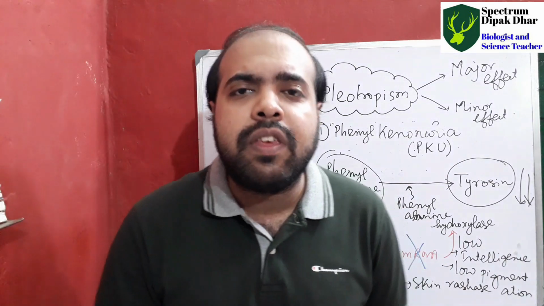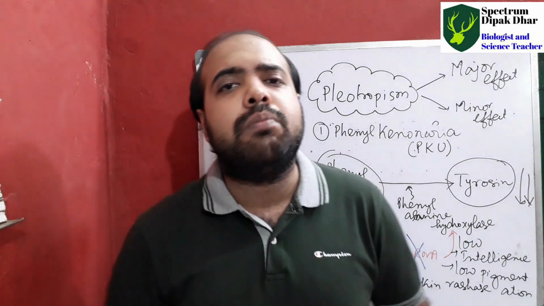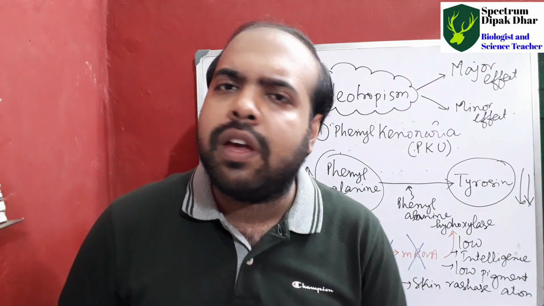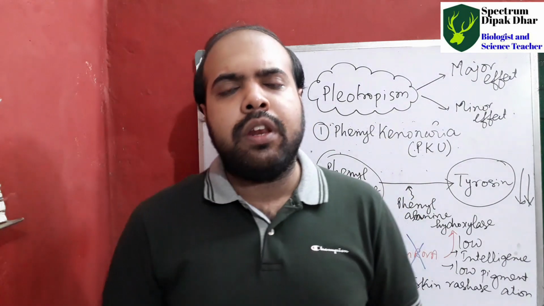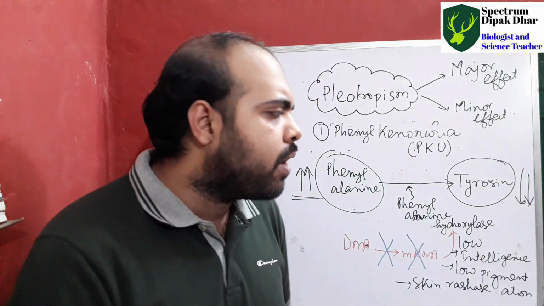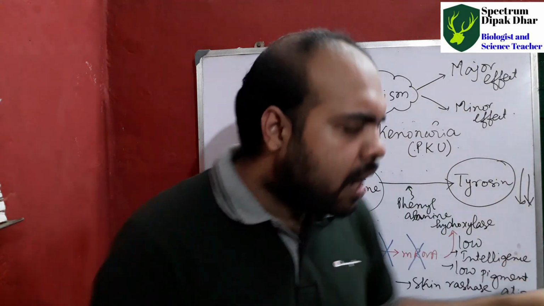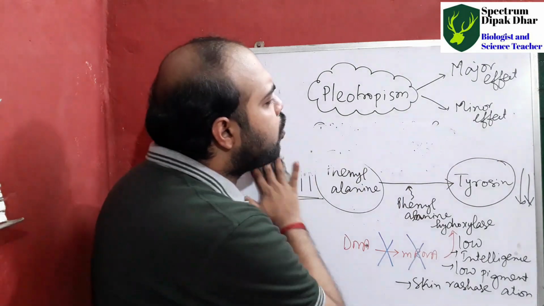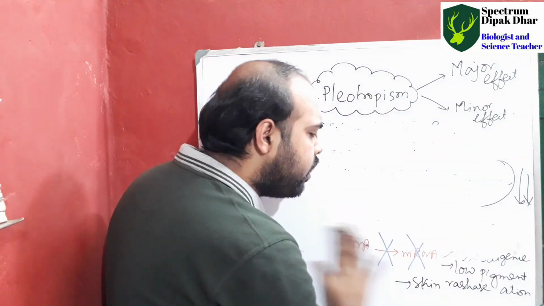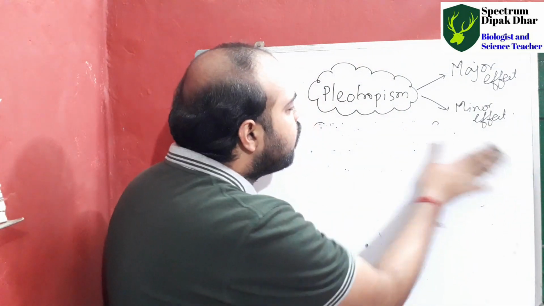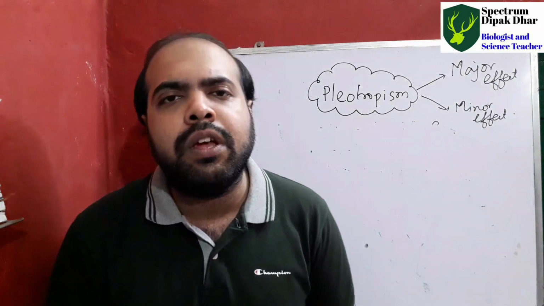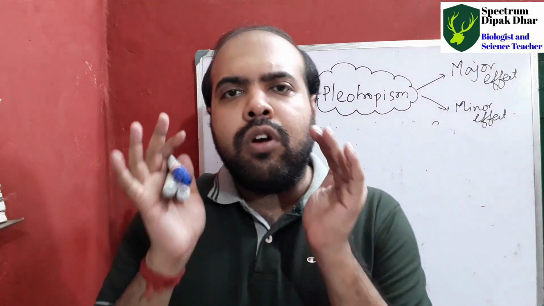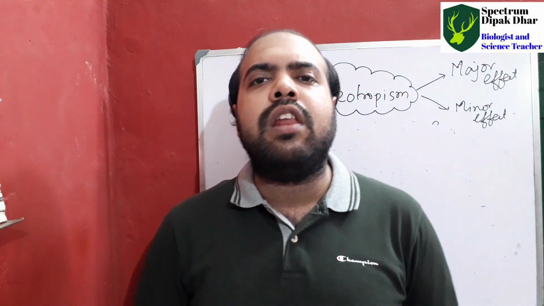So what is the basic genetic abnormality behind sickle cell anemia? We will see now. Normal human hemoglobin is termed hemoglobin A. Hemoglobin has two portions: one is heme, the iron containing part, and the second is globin, the protein part. The globin portion has 4 chains.